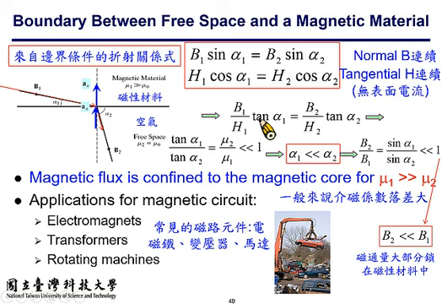From Maxwell's equations, we know that the divergence of B, the divergence of the magnetic flux density, equals 0, which means B1 N shall equal B2 N. And if there is no current at the interface, then we have the relationship H1T equals H2T.